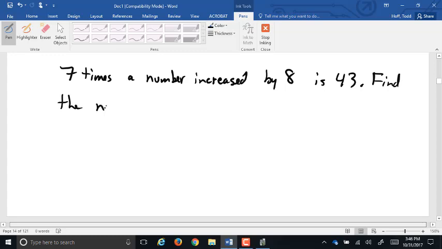Find the number. So this is a matter of just translating the words into our symbols and numbers or expressions, make an equation and then solve it.